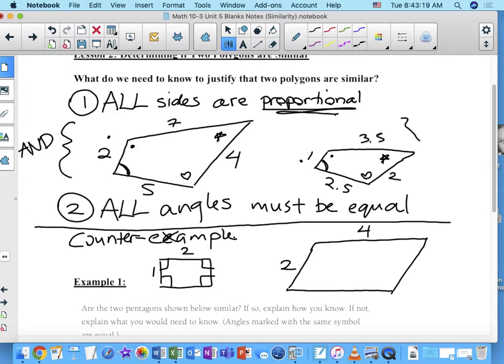Okay, well, yeah, there's proportionality with the side lengths, but the angles aren't equal, and you can see visually these are not similar to one another. Okay, so you must have both.